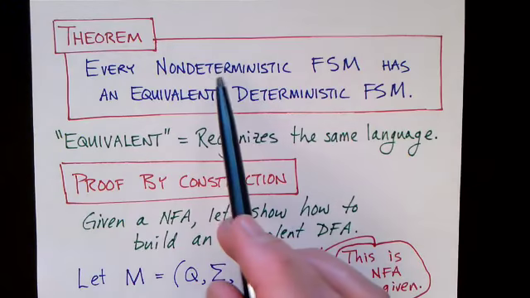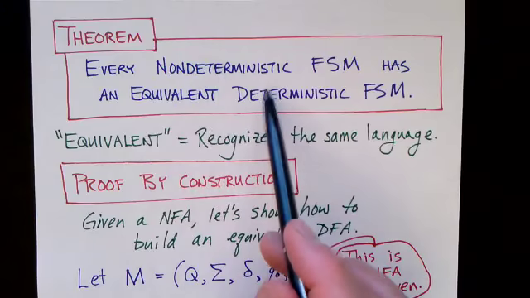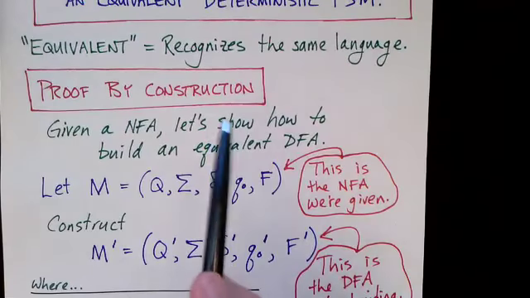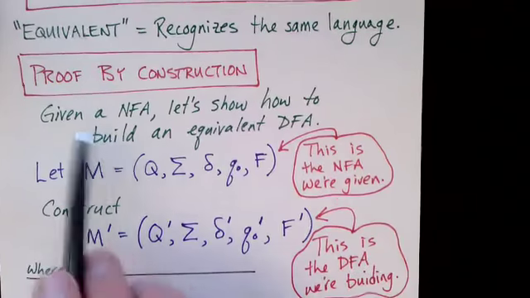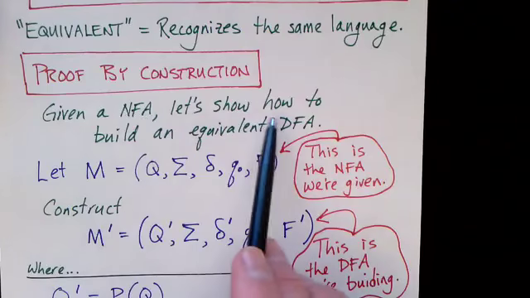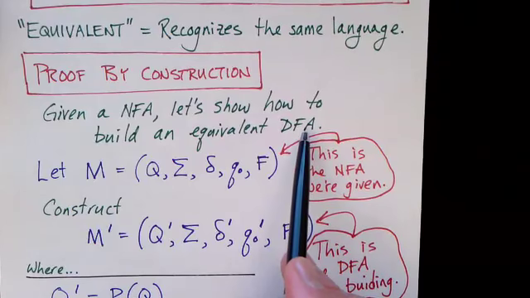The more complex direction, of course, is to show how to get from non-determinism to determinism. Okay, and we're going to show that and prove the theorem by construction. In other words, given a non-deterministic finite state machine, we're going to show how to build an equivalent deterministic finite state machine that accepts the same language.